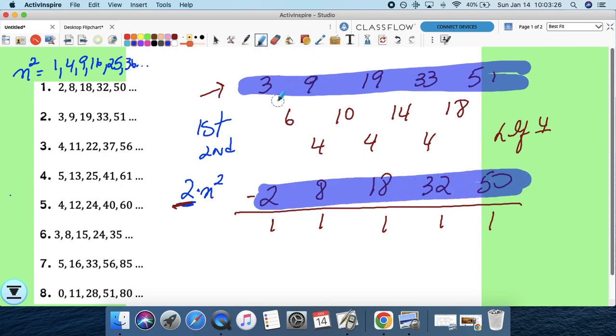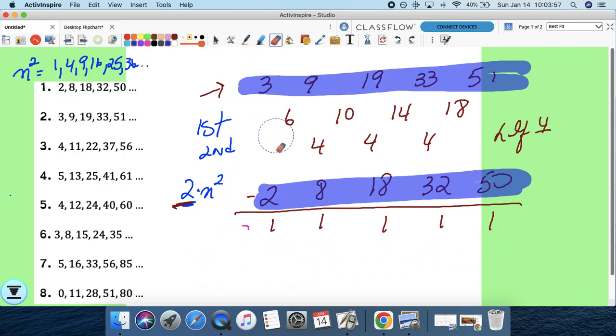So I'm going to take the 2n squared sequence out of the original, and I'm left with 1, 1, 1, 1, and 1. So when all the numbers are the same, well, if I were to take the first difference again, there is no sequence here. 1 to 1 is plus 0, plus 0, plus 0, plus 0. So there is no other sequence inside this line here. So we're not going to do this.